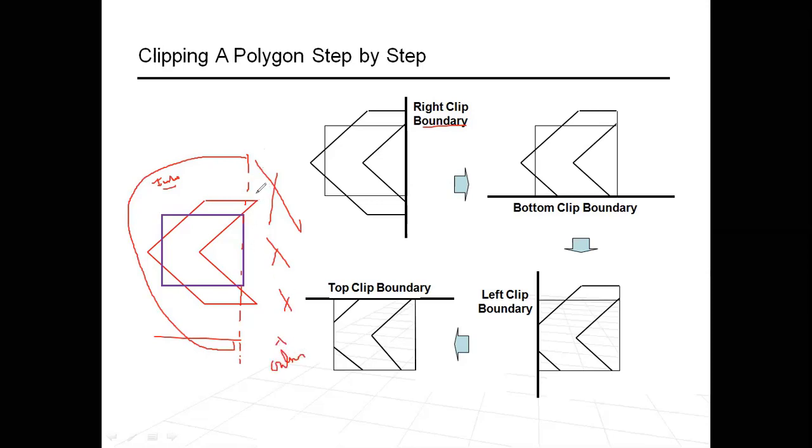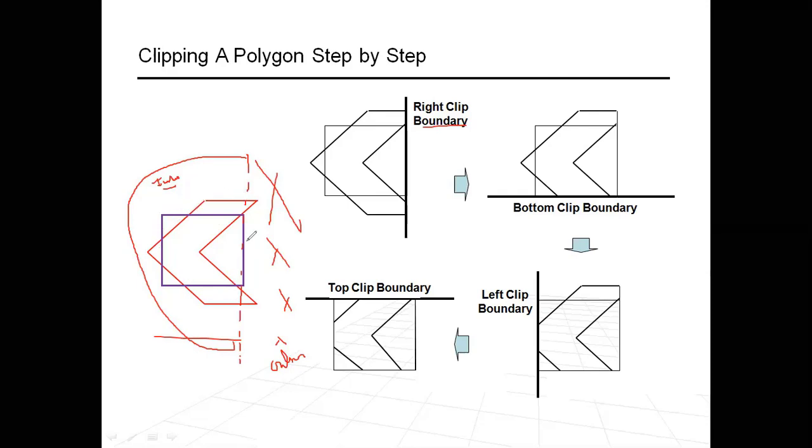So whatever is residing on the right hand side of this edge will be treated as outside. Whatever is residing on the left hand side of this edge will be treated as inside, whether or not it is crossing the boundary of the window. Okay, so this will also be treated as inside right now.